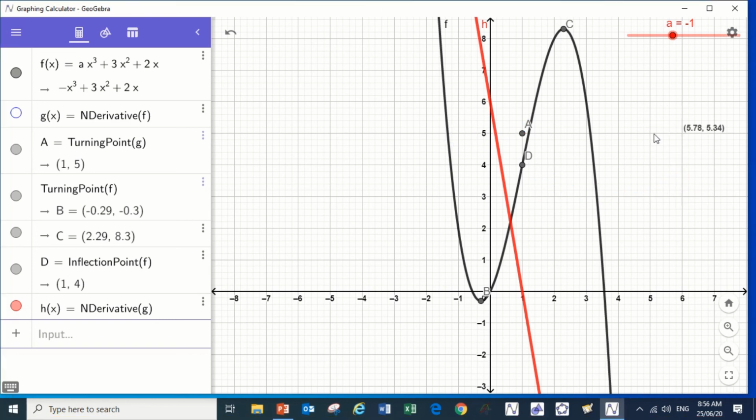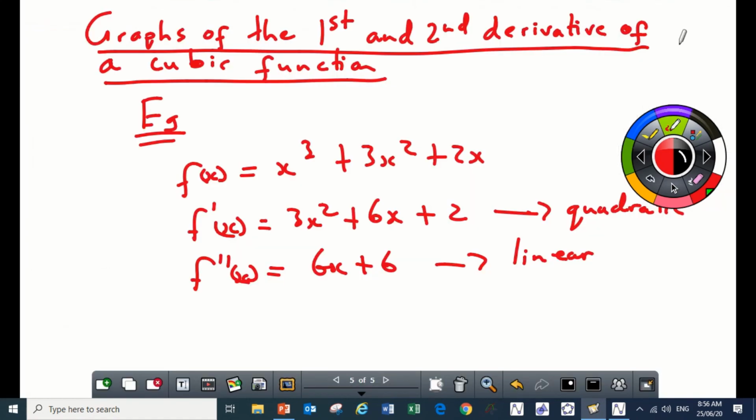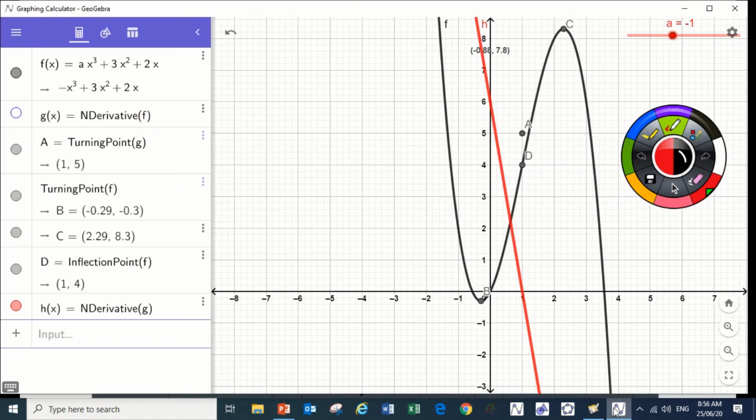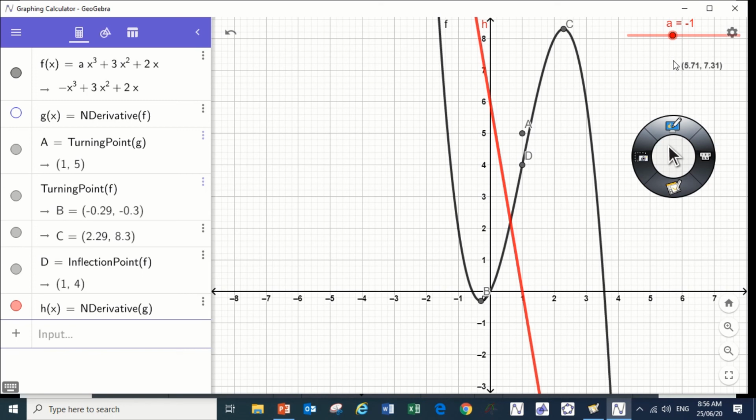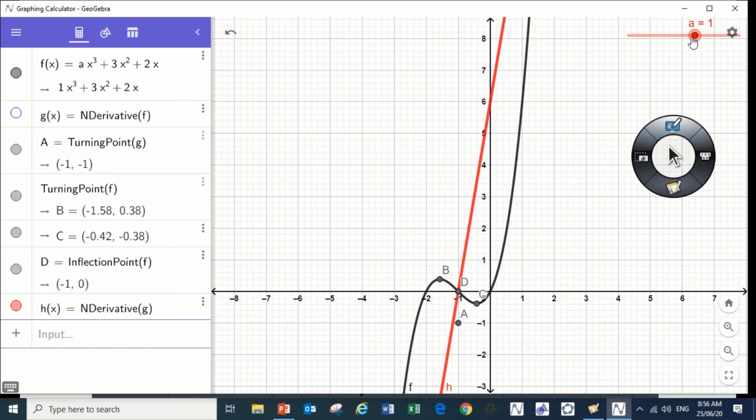Now let's change. Remember, we are talking about a case here when a is negative. Let's make a positive and see what happens. The linear function is going to change, the shape will change. We had a negative gradient when the a value of the cubic graph was negative.